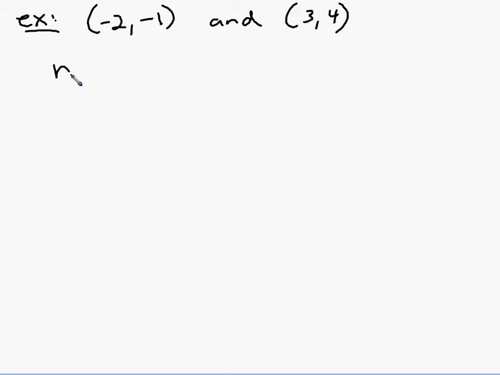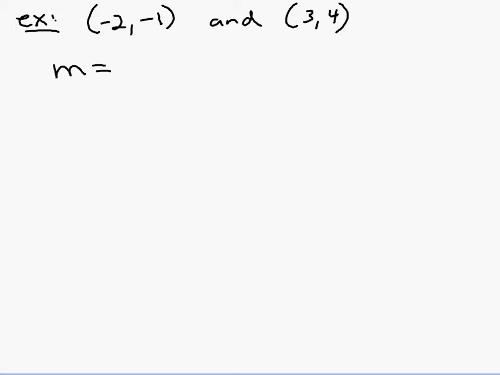Now, what if they gave you, and some of these I'm not going to go all the way through because I just want to refresh your memory, two points, like (-2, -1) and (3, 4), and then they said, write an equation of the line. Don't I need to do the song, delta y over delta x? I need to find the slope first.